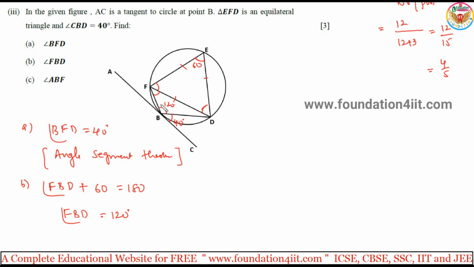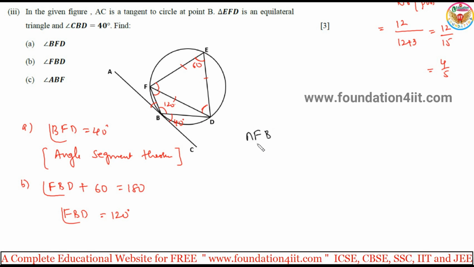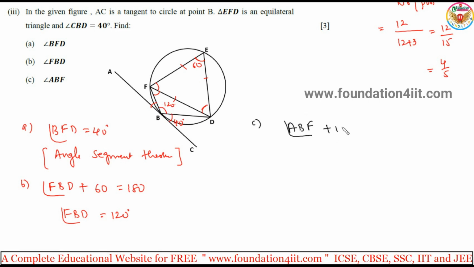Next, ABF. We know that the angle of a straight line is 180 degrees. That means FBA or ABF, both are the same, right? You can take the same angle for this. So angle ABF plus this 120 plus 40 is equal to 180 degrees.